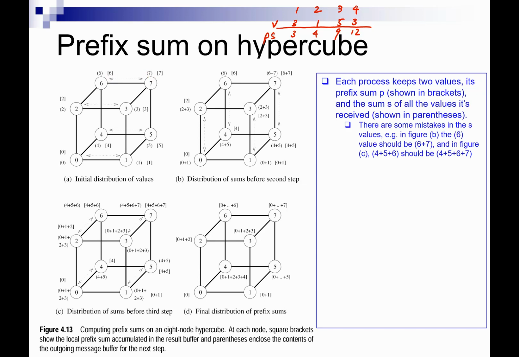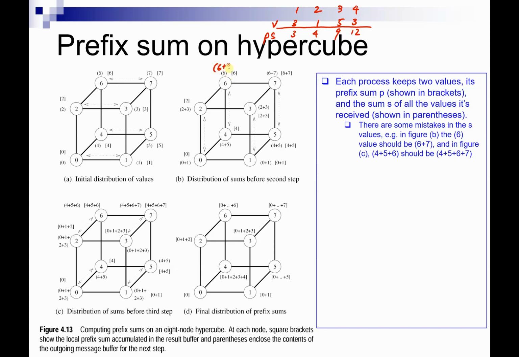Now, I should point out that there are a few mistakes in this figure. For example, in figure B, this 6 value over here, the one in the parentheses, should actually be 6 plus 7.